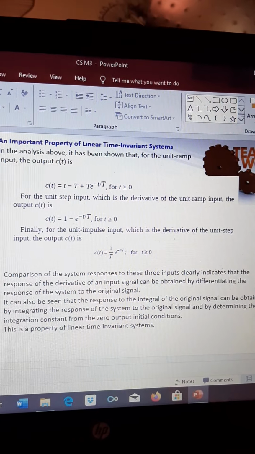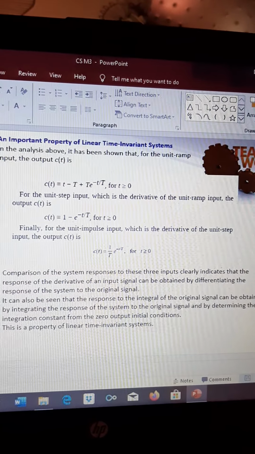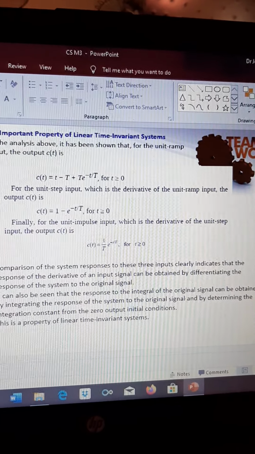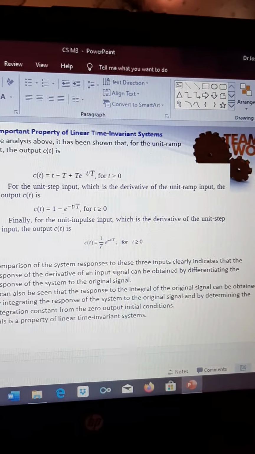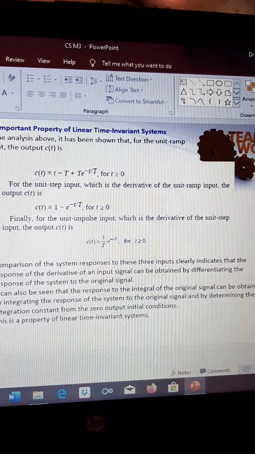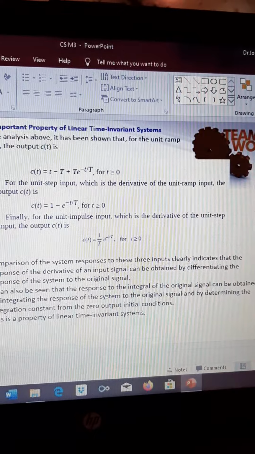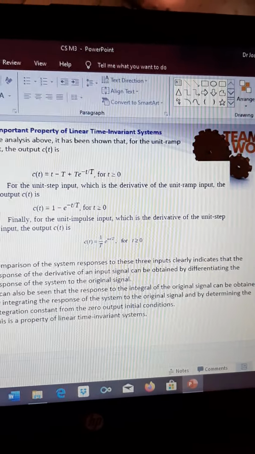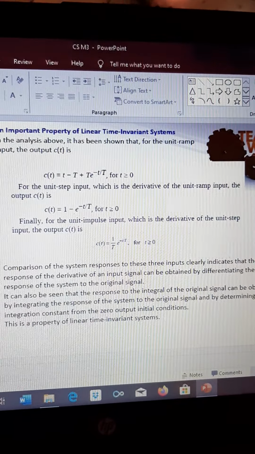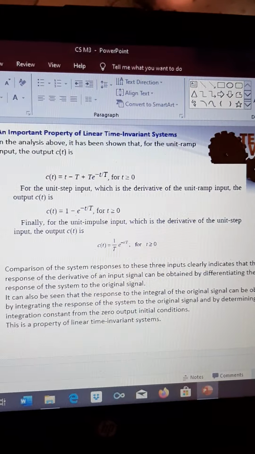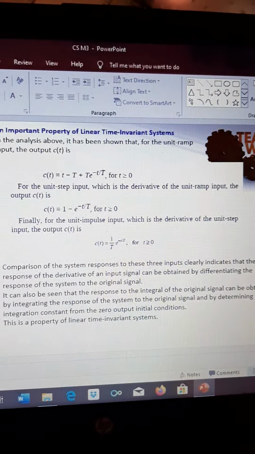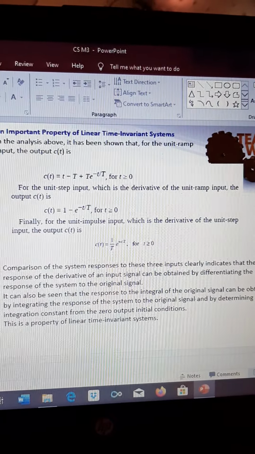So what you can see is that we compared the unit ramp input, unit step input, and unit impulse response. The unit step input is obtained by differentiating the unit ramp input. The unit impulse input is the derivative of the unit step input. This indicates that the response to the derivative of an input signal can be obtained by differentiating the response of the system to the original signal.